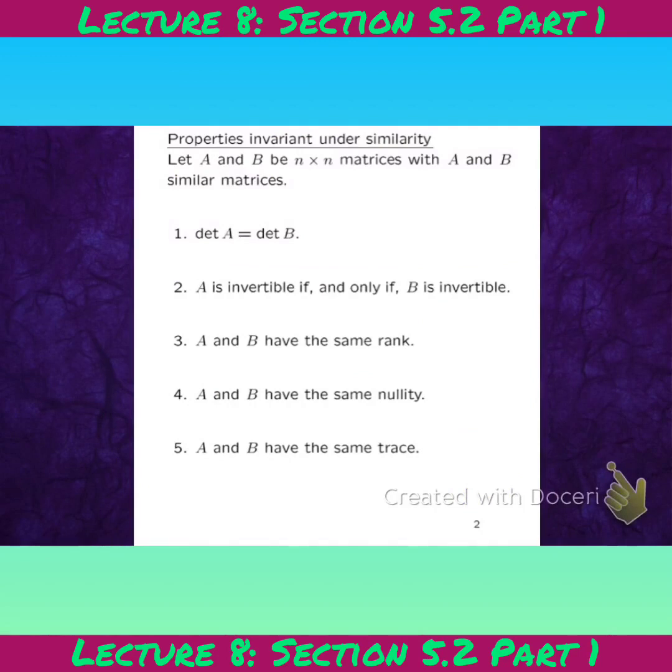Okay, so on the next page, we look at some interesting properties of this similarity transformation.